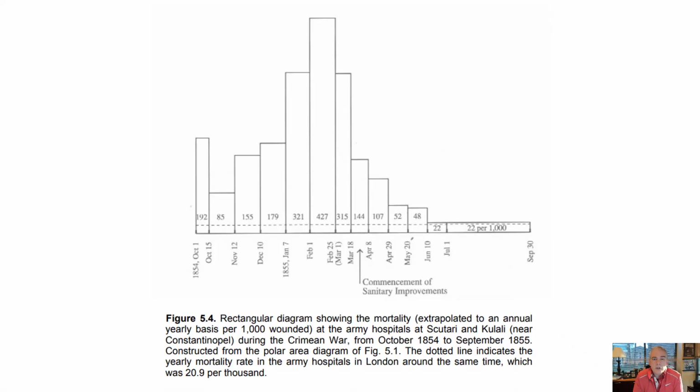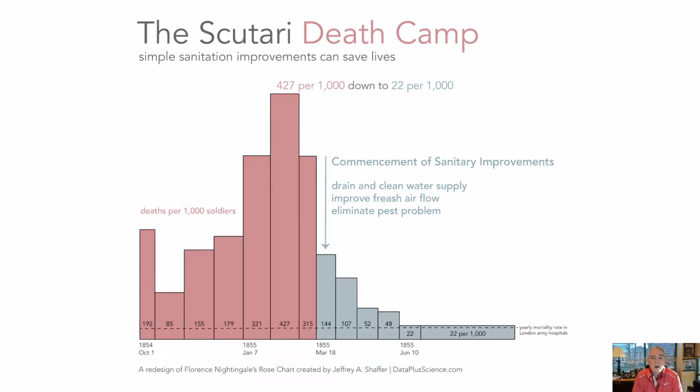Now, I took a shot at redesigning this into what I would think today might be a better visualization of this graphic. And so this is my redesign of this polar area diagram, or the rose diagram. What I like to show here is that the death rate reached all the way to 427 per thousand soldiers.